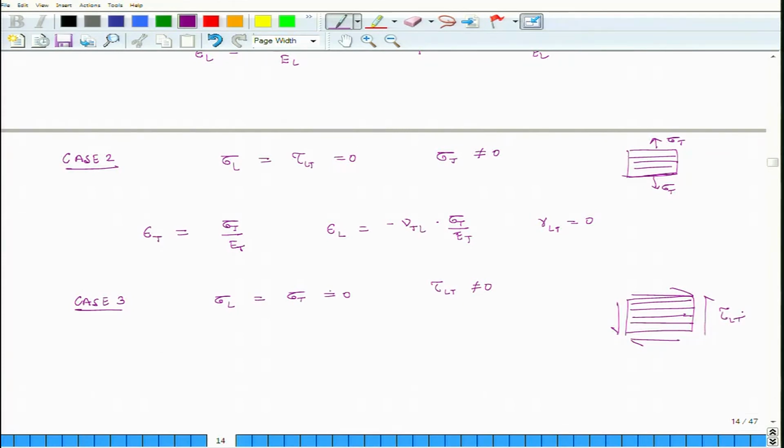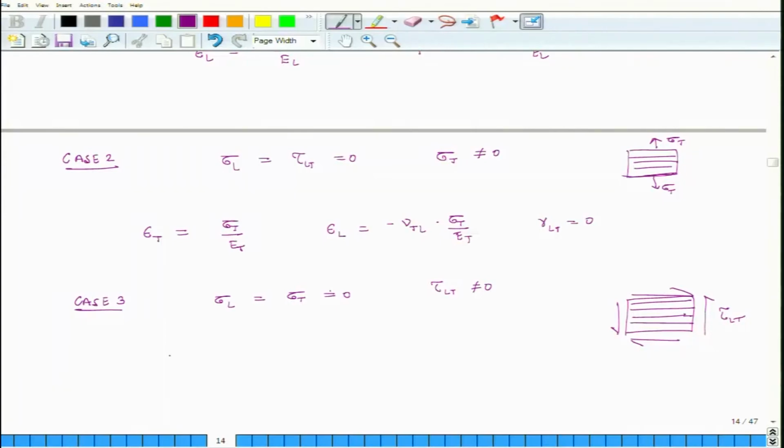So, please note this convention of shear stress is positive. If I applied shear stress in the other direction, then it would be negative shear stress. So, this is a positive shear stress, this is our convention, and in this case gamma LT equals tau LT by shear modulus of the material, and the extensional strains in transverse and longitudinal directions, they are both 0 because of special orthotropy.